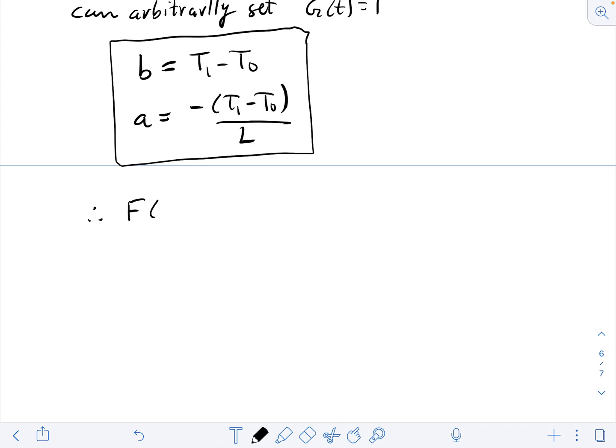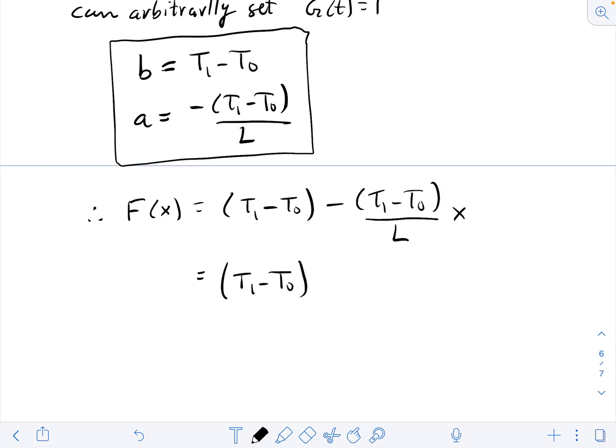Therefore, our solution for the h equals 0 case is going to be T1 minus T naught as B, and then the slope is A, minus T1 minus T naught over L, times X, which we can write as T1 minus T naught times 1 minus X over L. This is the h equals 0 case.